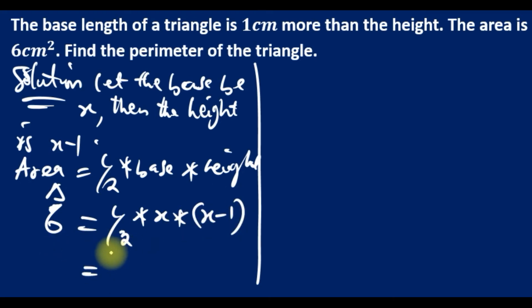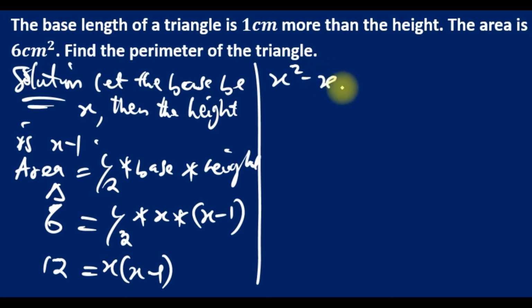So I'm cross multiplying: 12 equals x times (x minus 1). Open up the bracket, I have x squared minus x equals 12, but we bring the 12 to that side to be minus 12 equals 0.